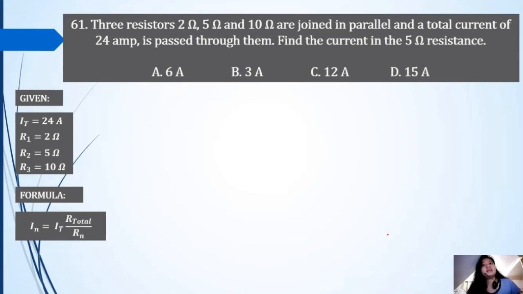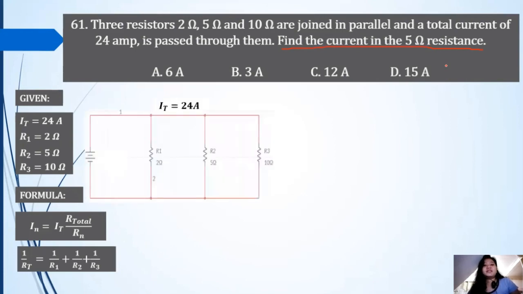And this N depends on which current or which resistance we will be solving. And since we have defined the current in the 5 ohms resistance, we will be solving for the I5.